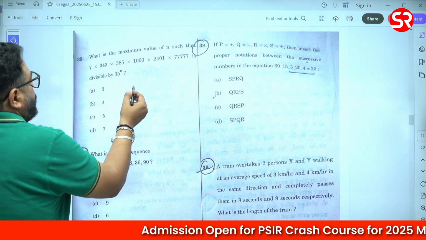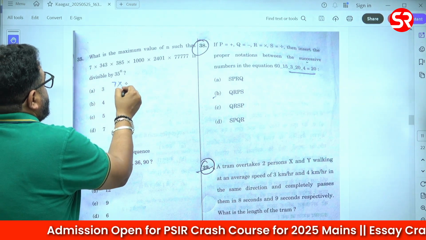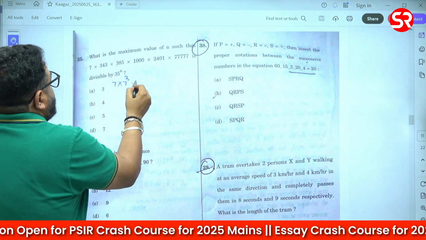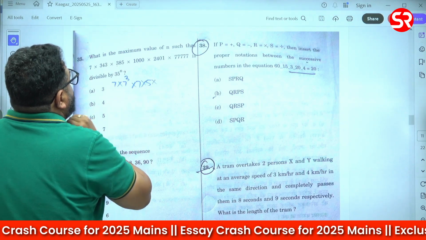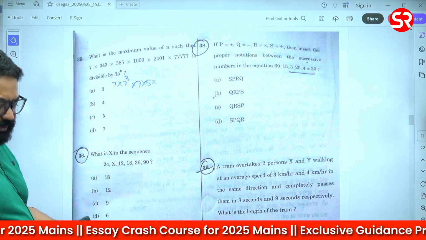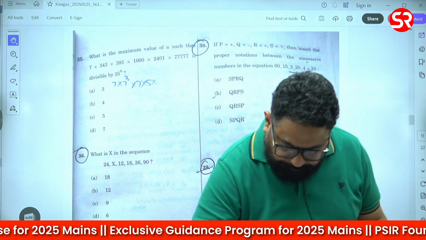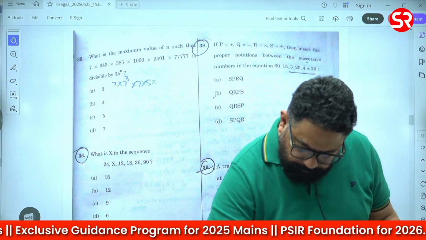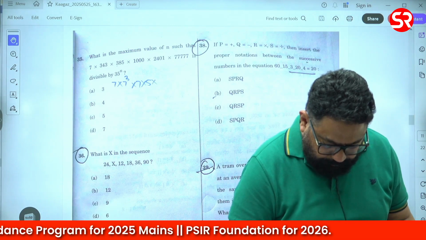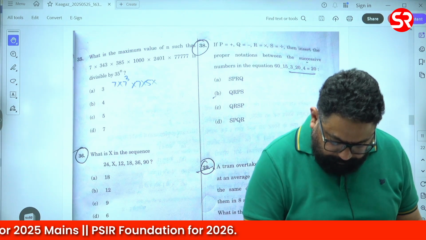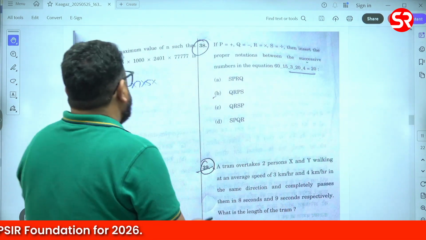Then he says, what is the minimum value of 7? This is 7 cube. This is 7 into 5 into 7 into 11, right?